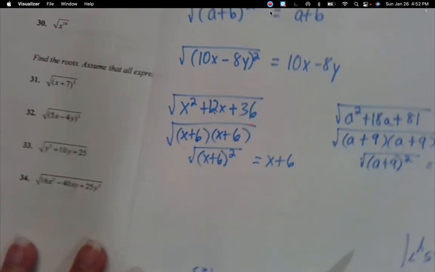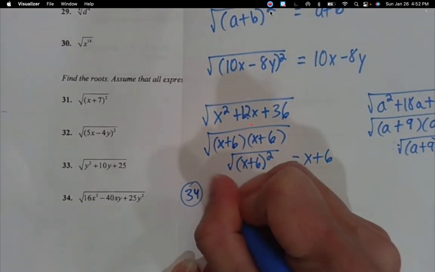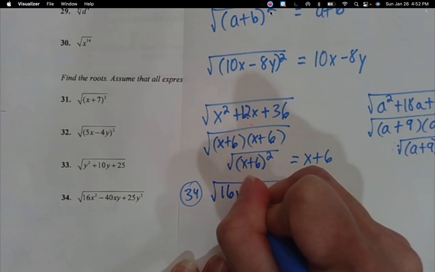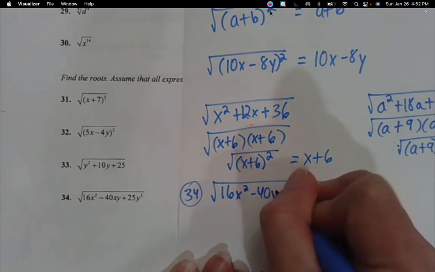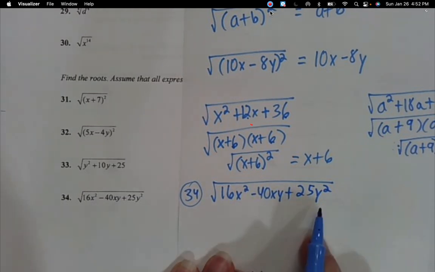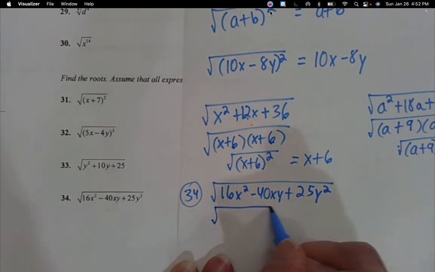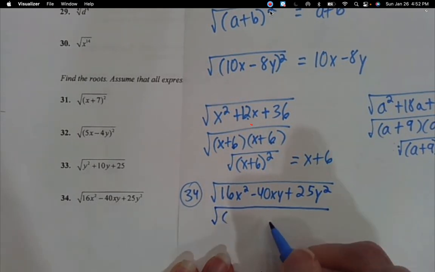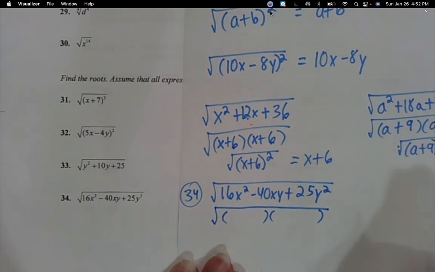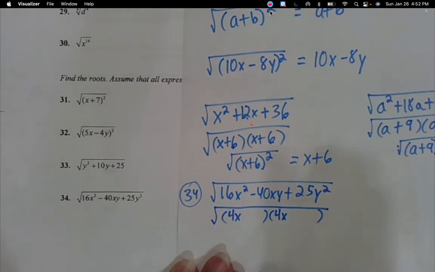34, I'll do that one with you. Make sure you write it on your paper. So 34, it looks worse because we have a number out front, so we think it's tricky, but it's not. It's perfect squares. Okay, I'm willing to bet. I'll just do my 2 of these, and I'm going to have 4x and 4x.